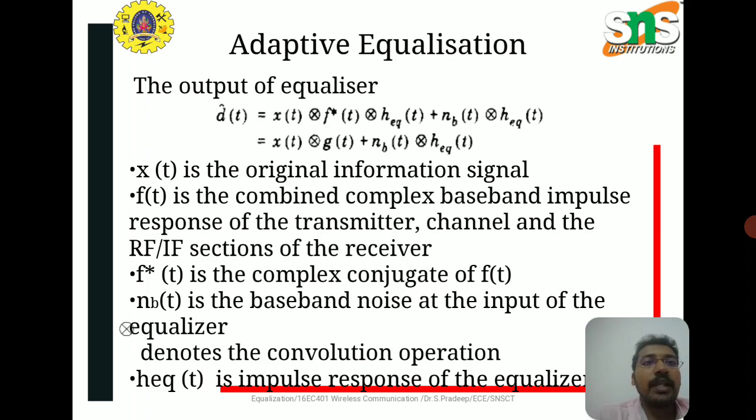The output of the equalizer is given by d(t). The x(t) is the original information signal. f(t) is the combined complex baseband impulse response of the transmitter, channel and the RF/IF section of the receiver. f*(t) is the complex conjugate of f(t). n(t) is the baseband noise at the input of the equalizer. The symbol denotes the convolution operation. h_eq(t) is the impulse response of the equalizer.